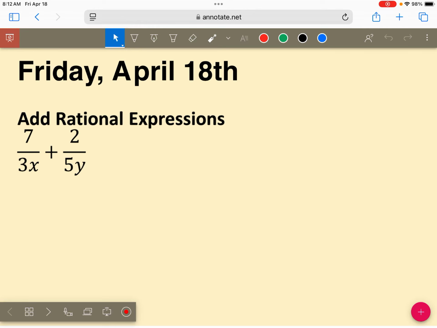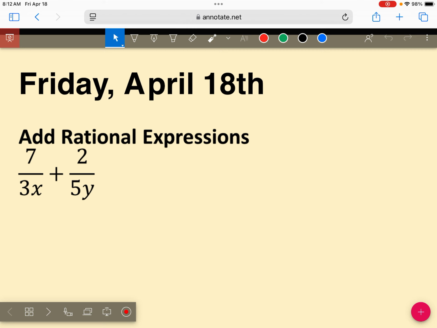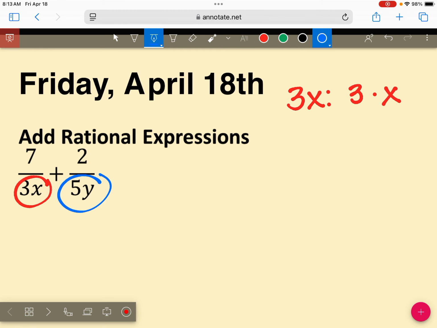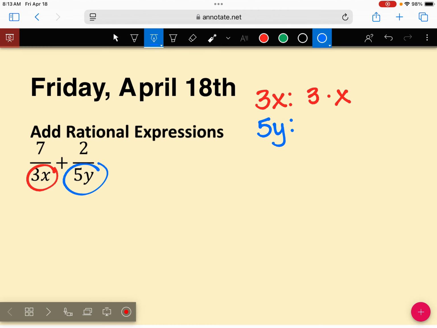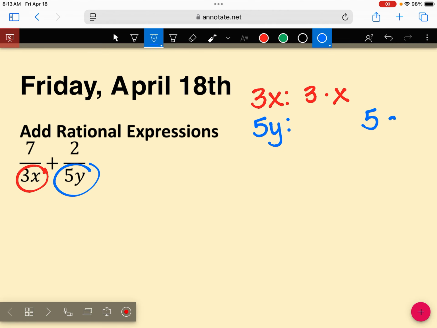Okay, so when we're adding fractions, we have to have a common denominator. When we break this down, 3x can only be broken down to 3x. And then we have our 5y. 5 is a prime number, which can only be broken down to 5y.